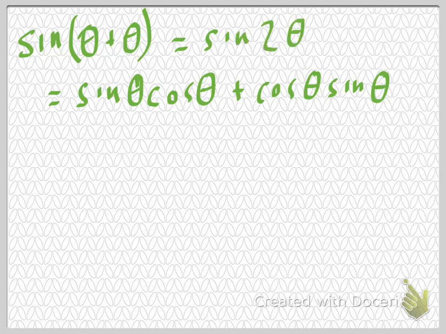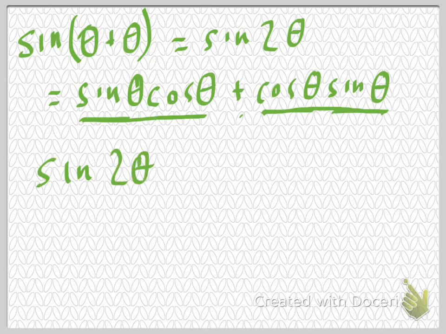When you expand that out to sine theta cosine theta plus cosine theta sine theta, what you'll notice pretty quickly is that sine theta times cosine theta is the same thing as cosine times sine, because multiplication is commutative. So sine of 2 theta is equal to 2 sine theta cosine theta. That's the double angle formula for sine.